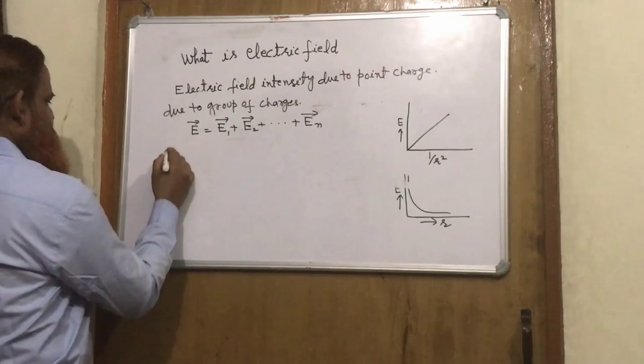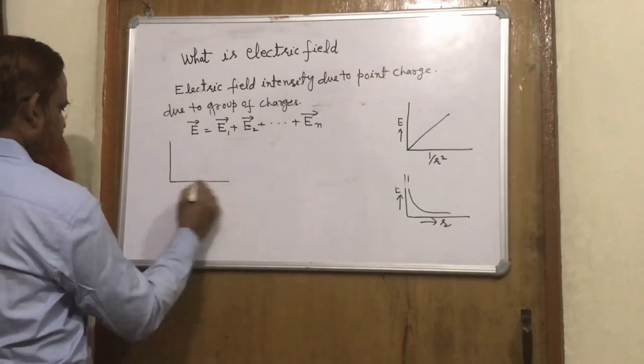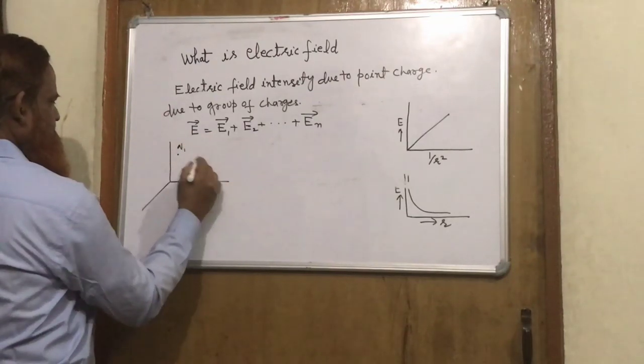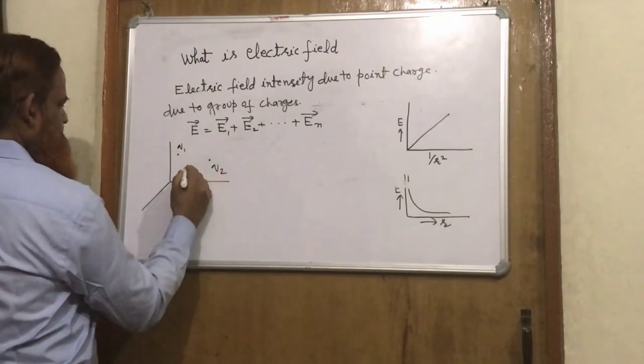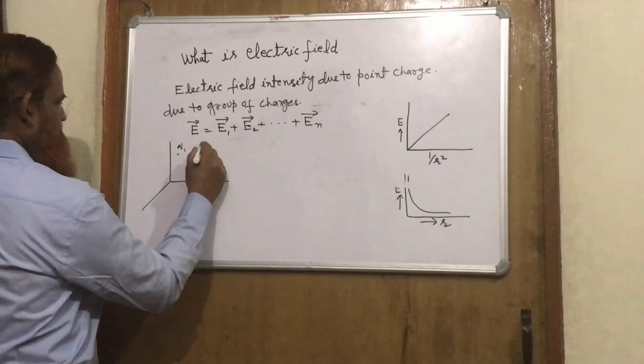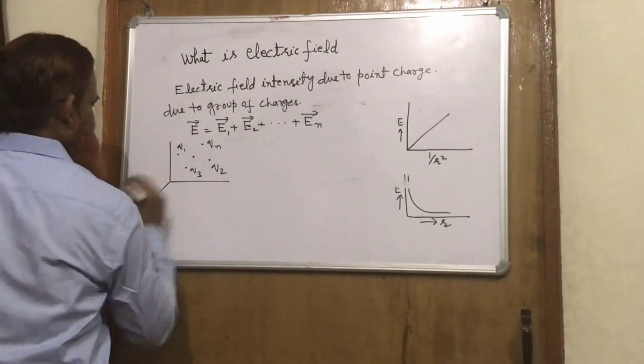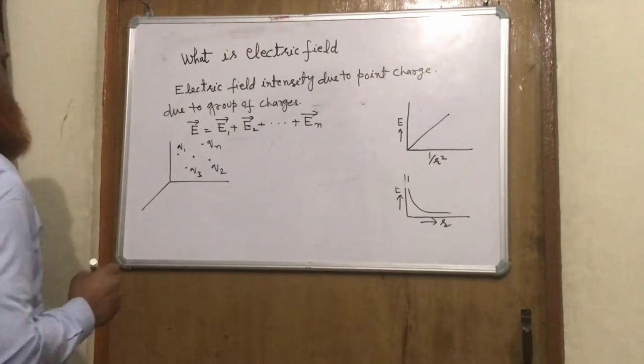So if there are charges Q1, Q2, Q3, Qn, at this point we want to find the electric field.